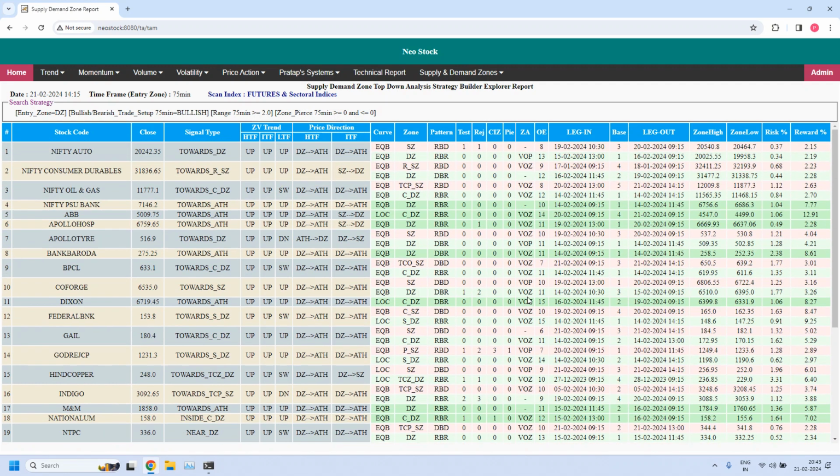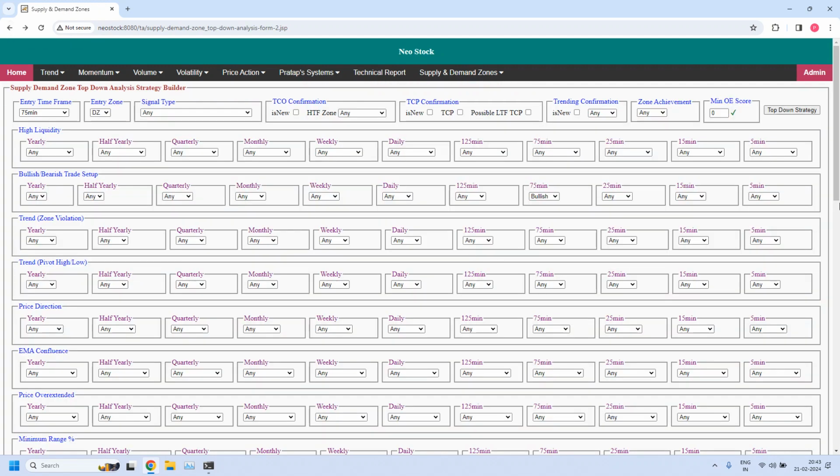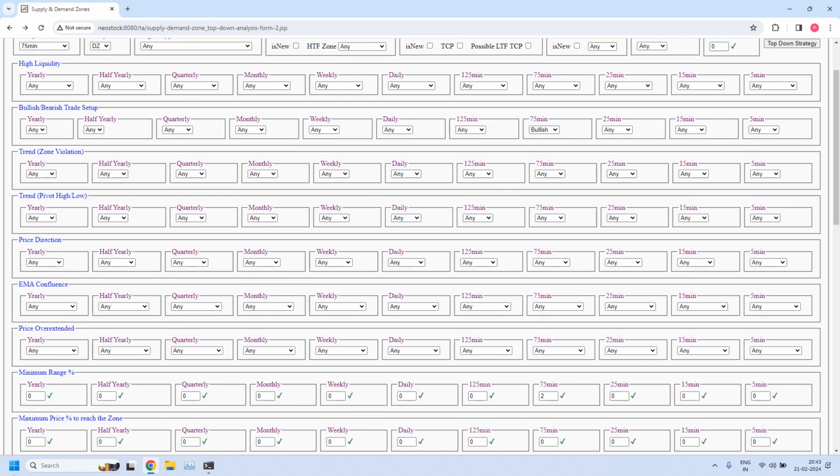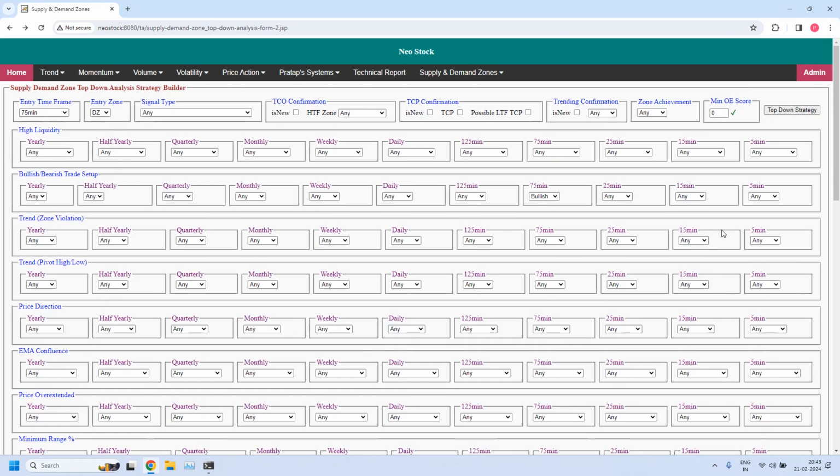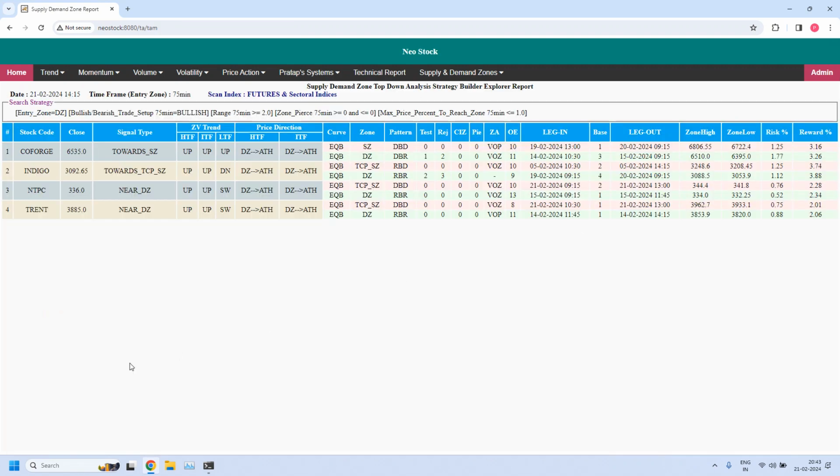Now let us check the stocks that are having at least a minimum 1% to the 75 minute demand zone, so that we may get a trade tomorrow itself. So the maximum price to reach the zone, in that at 75 minutes I am setting the value. That means within 1% before the 75 minutes demand zone. Currently these 4 stocks are filtered, which is near to the demand zone.